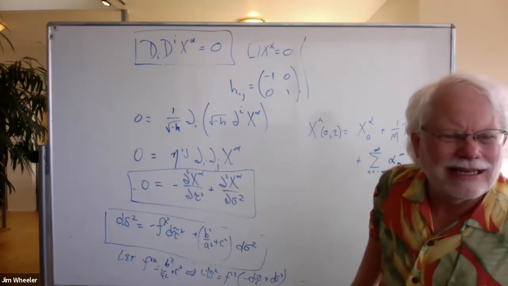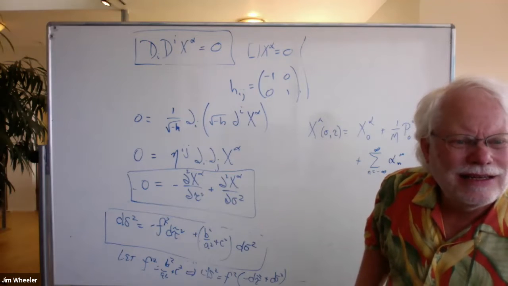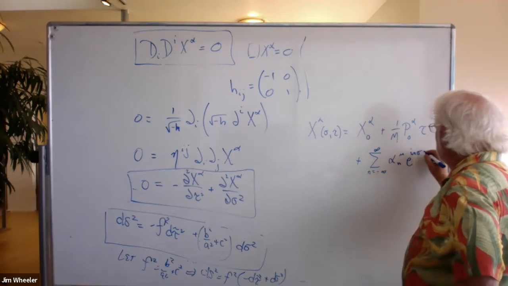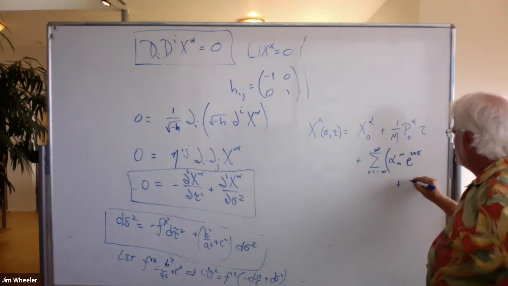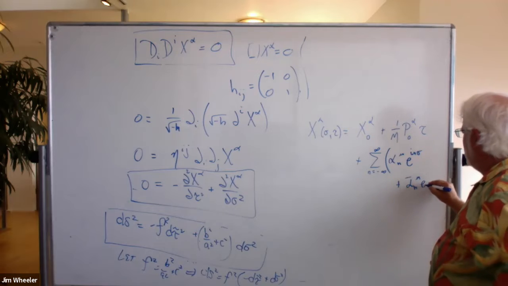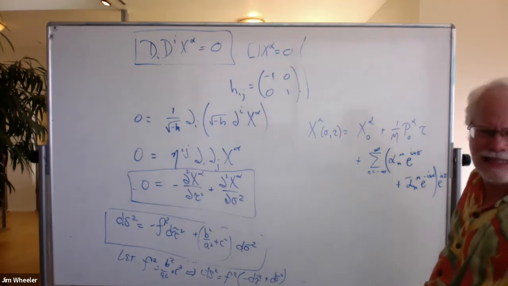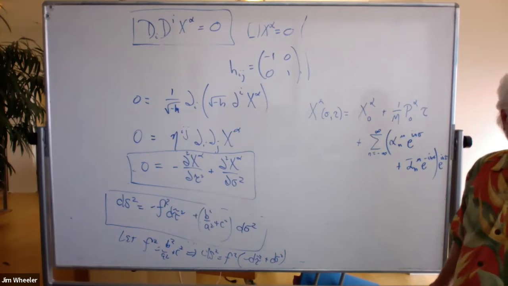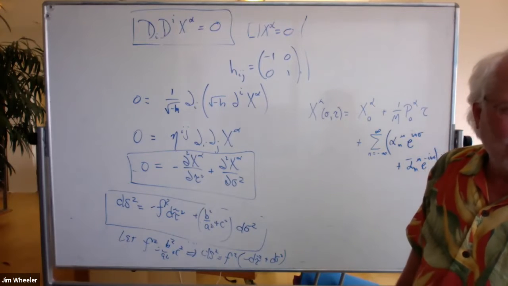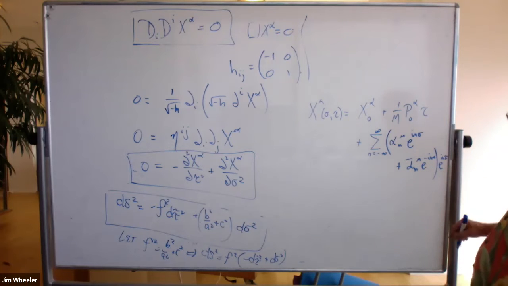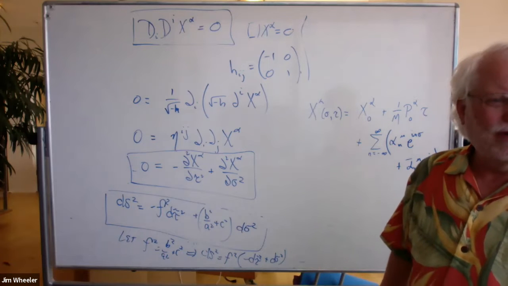Then I want to take, now I have to make one of these things, e to the i n sigma plus conjugate, either minus i n sigma, all times e to the i n tau. Sorry, can you see that? I squished it in there. Since I'm summing over positive and negative n, that's going to give me all the modes of the tau. And then I've written the spatial modes independently this way.